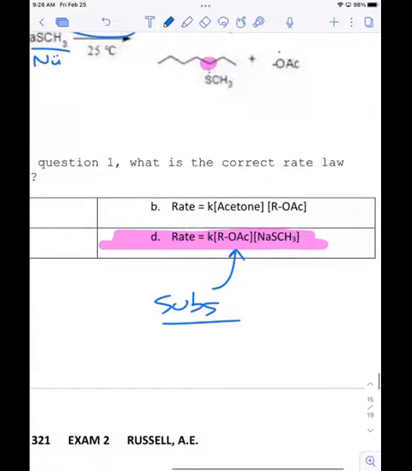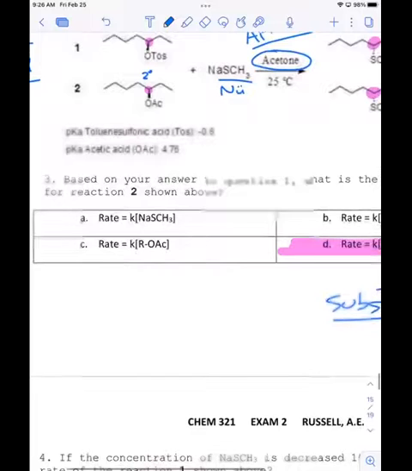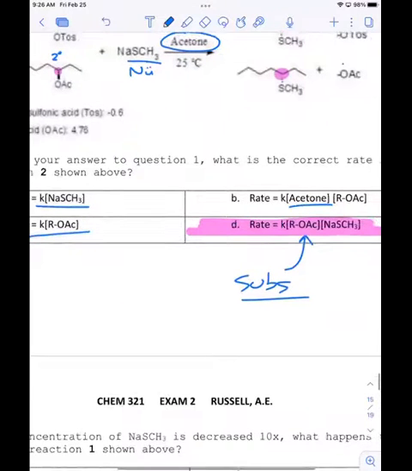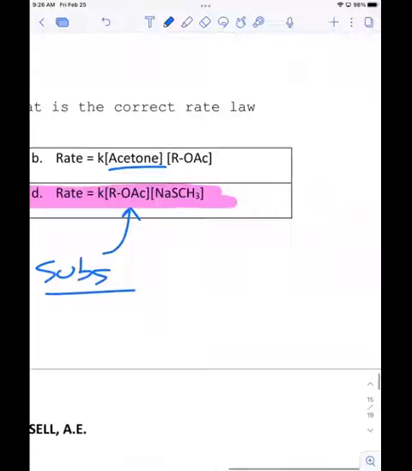It's not B because the acetone, the solvent, is not involved in the rate law, although the wrong solvent can slow the rate down. And then it's not these others because the nucleophile is not just by itself, right? We said it's SN2. That means it's bimolecular, so it can't be either one of these. So it has to be D. That two-term rate law tells us a bunch of stuff.